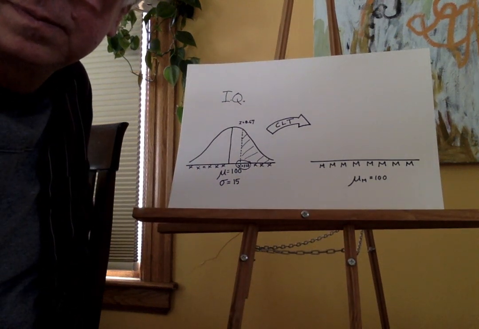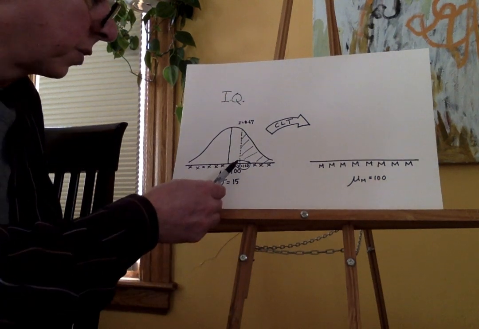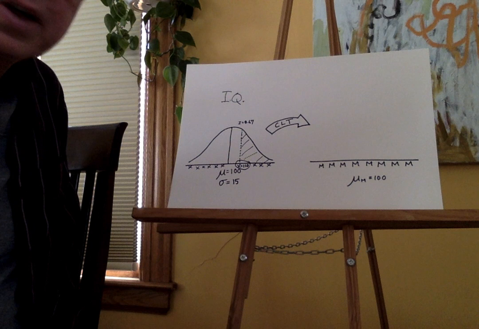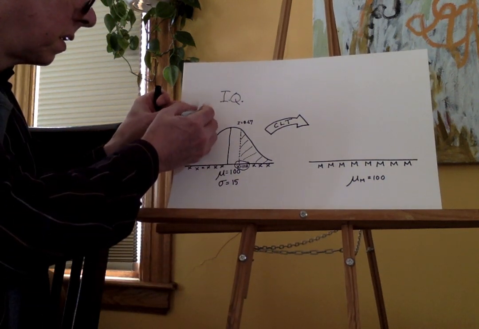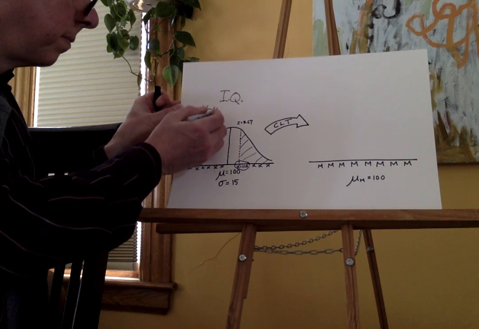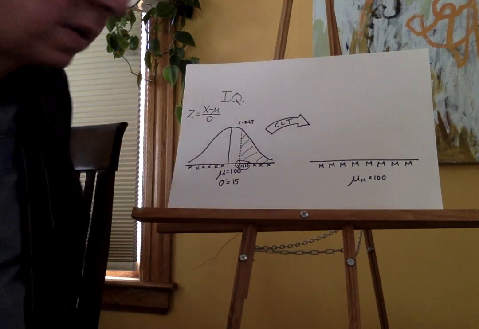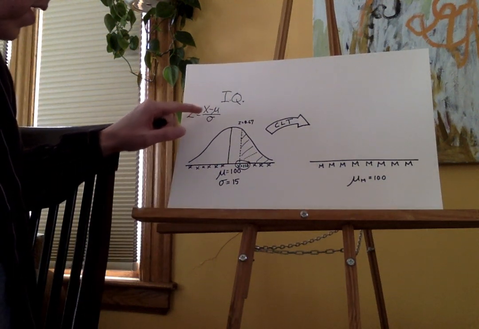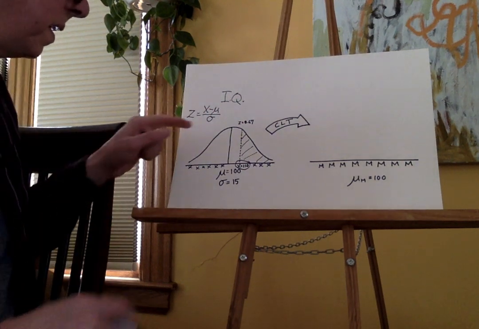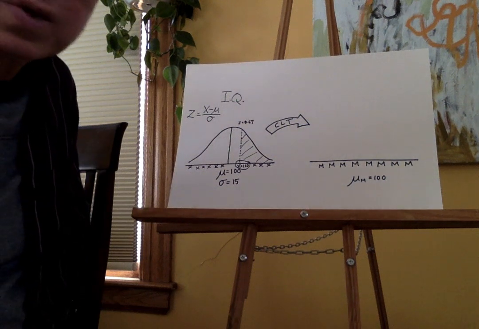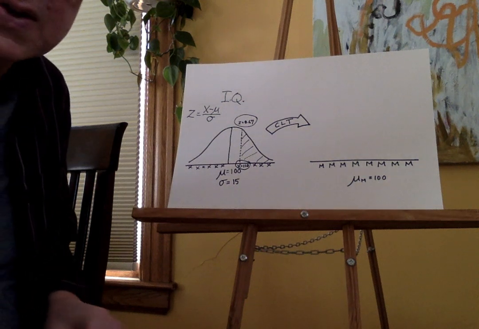Sorry about that, folks. Here's our individual score of 100. If we calculate the z for that, remember z equals this individual score minus mu, divided by the standard deviation. So it's 110 minus 100, that gives us 10 on top, divided by 15, which gives us a z-score of 0.67.